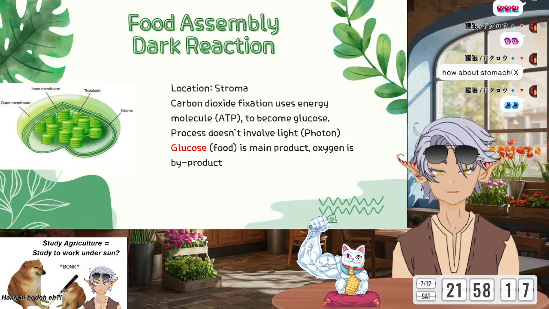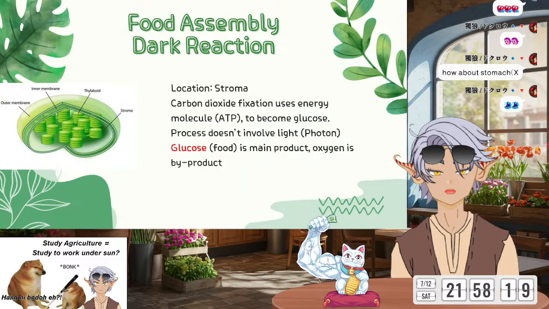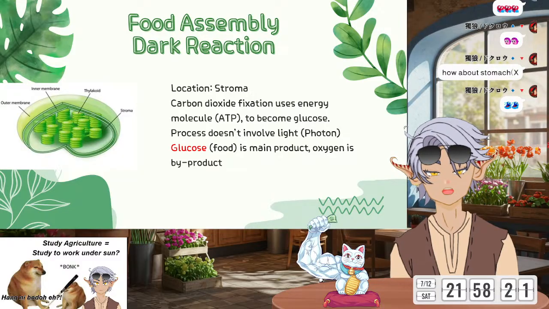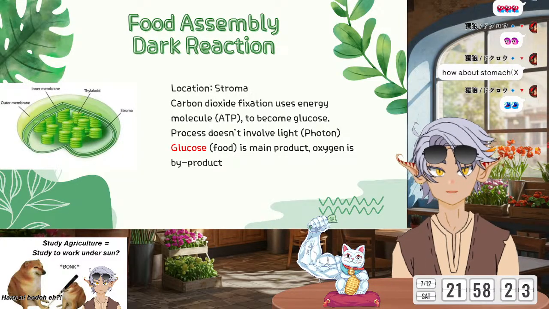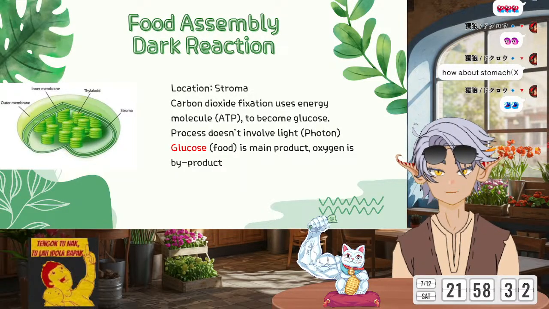Very abstract, but just remember glucose is the main product and oxygen is the byproduct. This is what that reaction does in photosynthesis. Very simple. No light and you get food just like that.